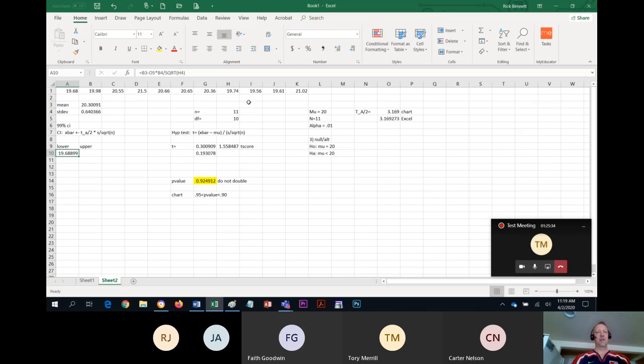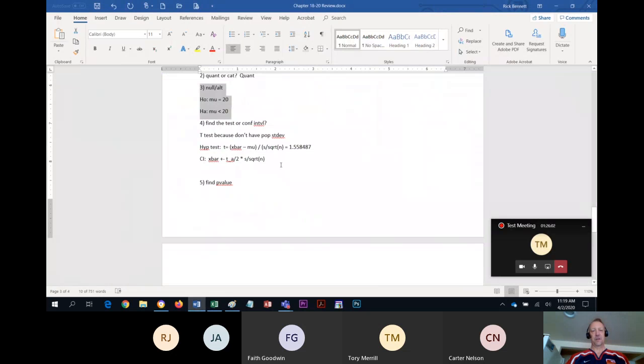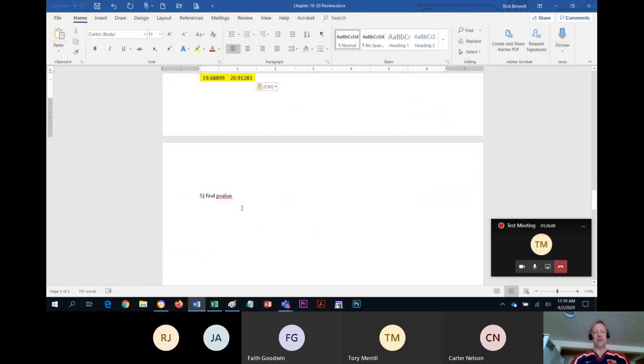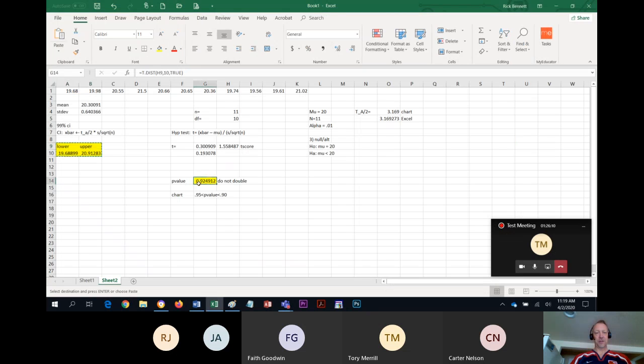Then I can copy, paste, and change that minus to a plus. Let's go back to here. That's my confidence interval. I'm hurrying a little bit because I know we're out of time. My p-value in this case is going to be this or that.